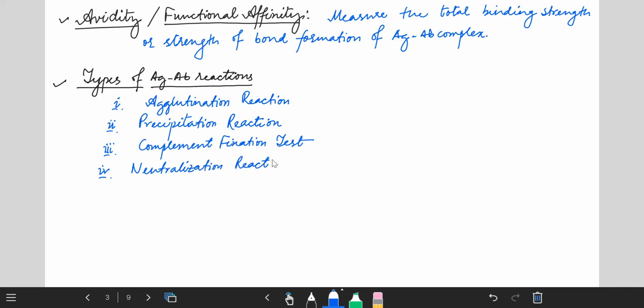The fifth one is immobilization test. Sixth one is opsonization. Seventh one is immunofluorescence.